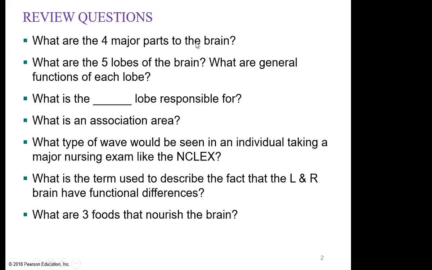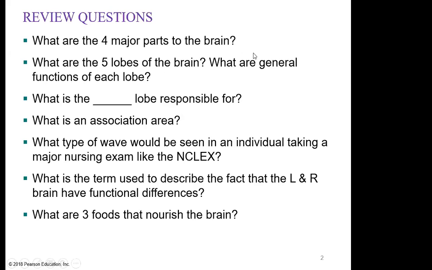So I hope that everybody who has already watched the A1 lecture knows the 4 major parts to the brain. Do you guys know that? Cerebrum, cerebellum, diencephalon, brainstem. Okay, so make sure you know the names of the lobes and then what are the general functions of each.